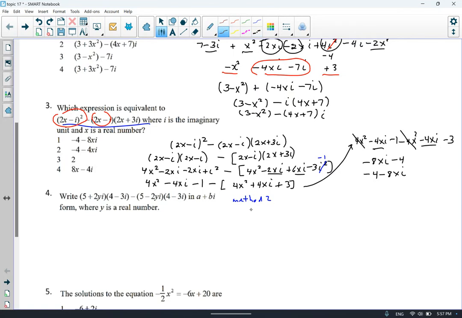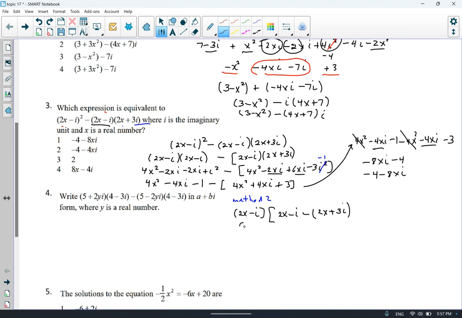What you could have done is factored it out. So 2x minus I. And then if you do that, you're left with bracket 1 of the 2x minus i's minus parentheses. This one I factored out, so I'm left with 2x plus 3i.